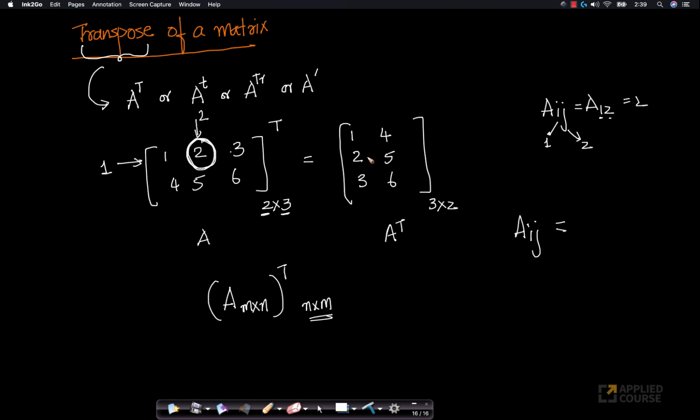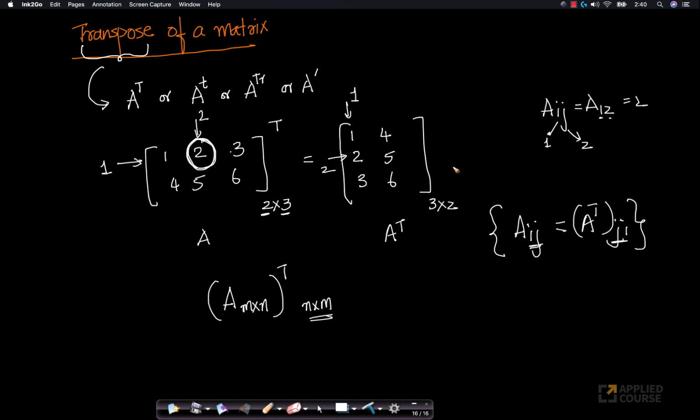What happened to 2 in the transposed matrix? It became the second row and first column. So Aij in the original matrix becomes A transpose ji. This is Ij and this is Ji. This is another way to define what the transpose of a matrix is.